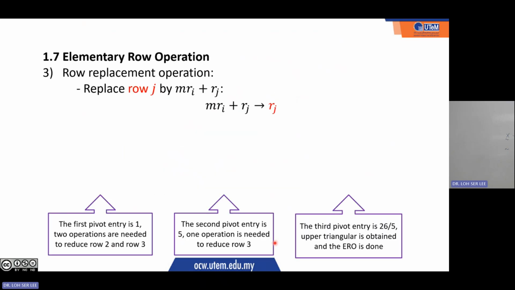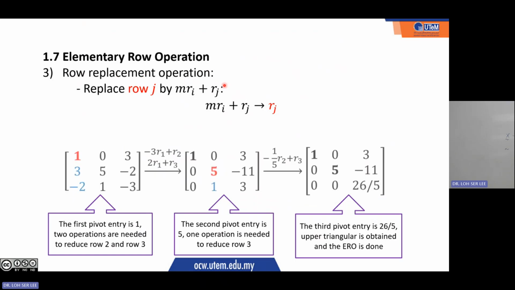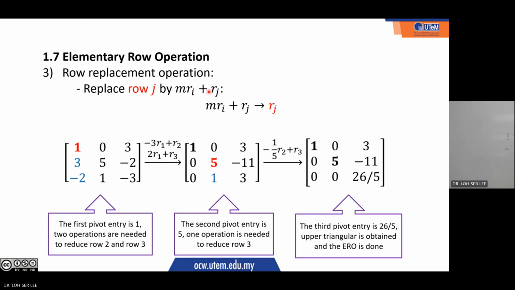The third type is the most frequently used operation, R_i plus R_j. This is called the row replacement operation. We replace a row by an operation. For example, this is the given matrix. The top left entry should be a pivot.